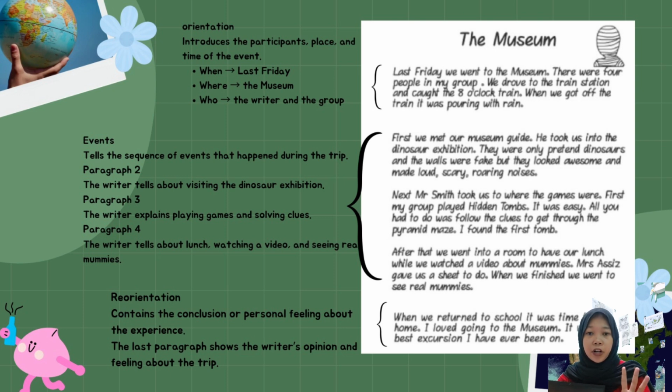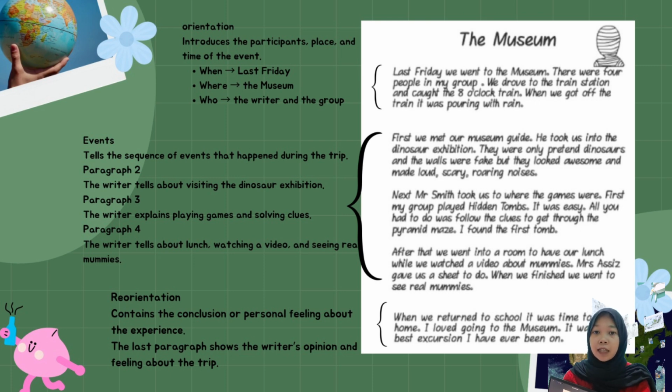The event part is in paragraph 2 until paragraph 4. In paragraph 2, the writer tells about visiting the dinosaur exhibitions, while in paragraph 3, the writer explains playing games and solving clues. In the last paragraph of events, the author writes about lunch, watching a video, and seeing real mummies.